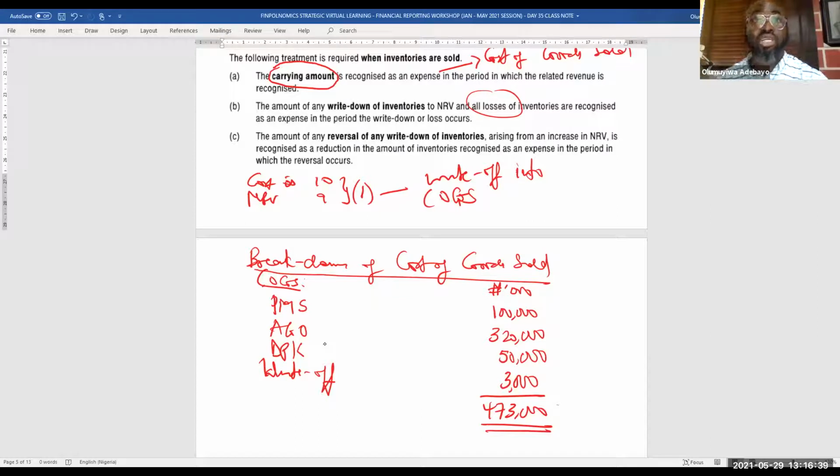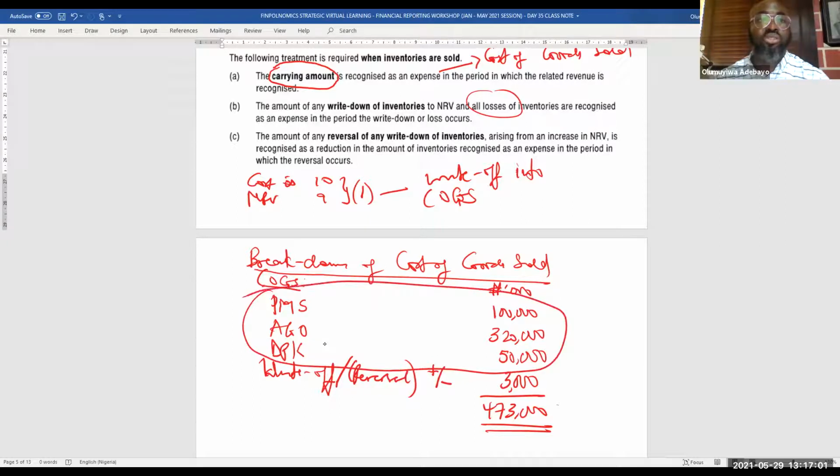It then means that such a write-back will reduce your cost of goods sold, which means write-off will increase, while reversal will reduce, which means it's a thing of positive or what? Negative impact on the amount of your original cost of goods sold. Any question so far?